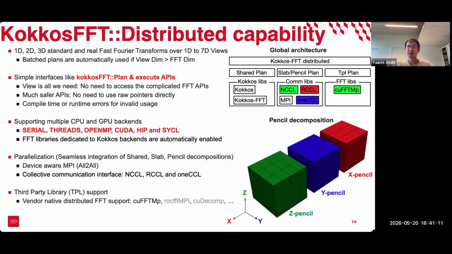Because in the better performance cuFFT MP, my guess is the best option is relying on NVSHMEM or maybe rocFFT MP for AMD. And so we are highly interested in that feature and definitely we'll try that quite soon. And also NCCL and RCCL could be very promising because the AI community needs it.